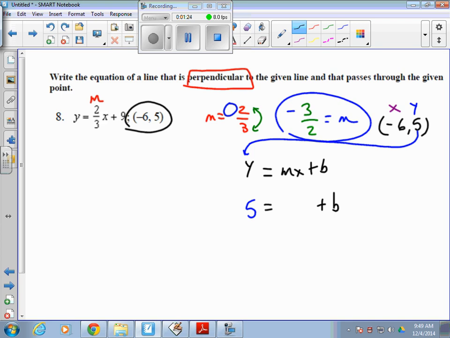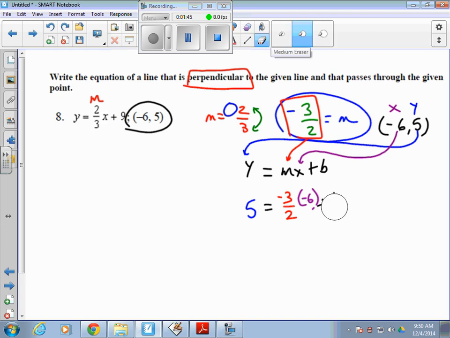The m value is what we just found, negative 3/2, so that plugs in place of the m. And the x value is from the point as well, negative 6. So 5 equals negative 3/2 times negative 6 plus b. B is the unknown. That's what we need to find.